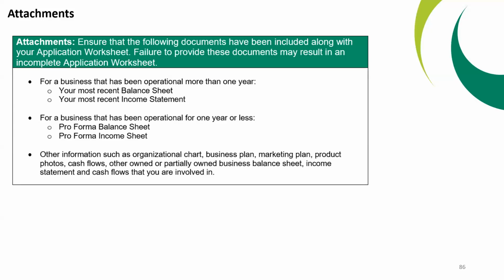If you want to give us an organizational chart, a business plan, a marketing plan, product photos, cash flows, or other, or even tell us about other businesses you own.